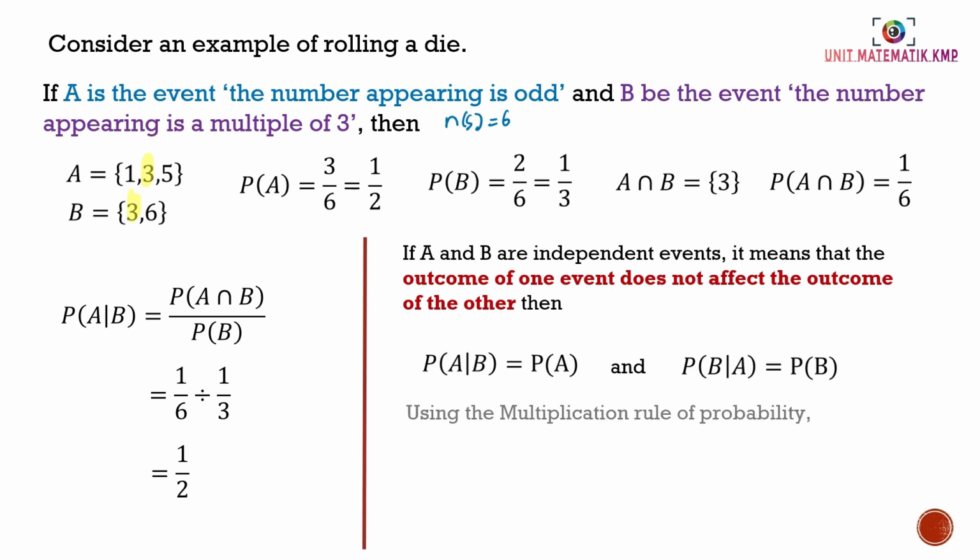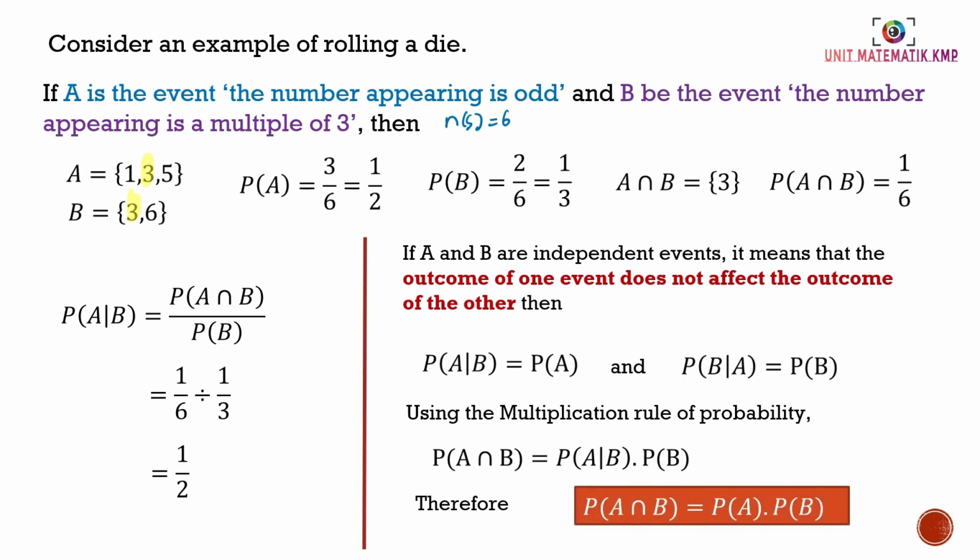Okay, only P(B). So we want to use the multiplication rule of probability. So P(A intersect B) is equals to P(A given B) multiply with P(B). Okay, this is multiplication rule. So therefore, if A and B are independent event, so we can conclude that P(A intersect B) equals to P(A) multiply with P(B).